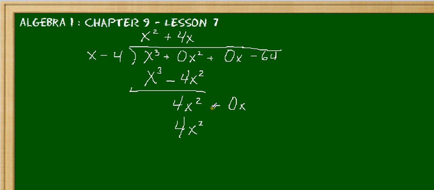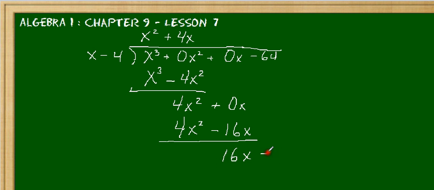It might be a challenge at first just to get comfortable with these things, but over time you'll get used to it. Now we have positive 4x times negative 4, which gives us negative 16x. Now we're going to subtract a negative again. So we have 0 minus negative 16, which is like saying plus positive 16, and that gives me 16x.